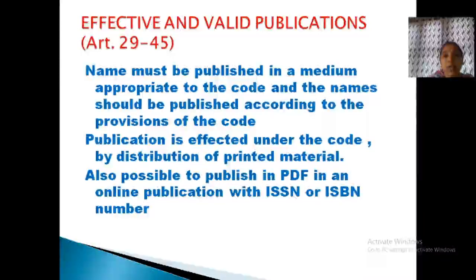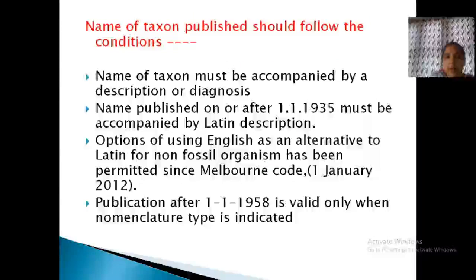Now, the name of a taxon published should follow certain conditions. What are the conditions? The name of the taxon must be accompanied by a description or diagnosis. For example, when you are finding a new species or new taxon, how will you publish it?